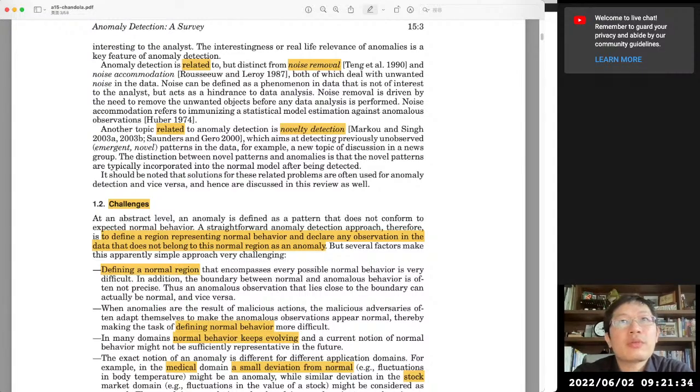Sometimes noise removal is related to anomaly detection, but it is a little bit different, because noise removal is like we remove some noise data points. The noise might come from inaccurate measurement of the data point.